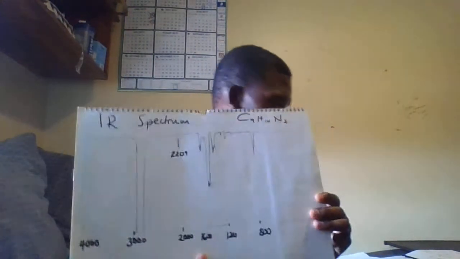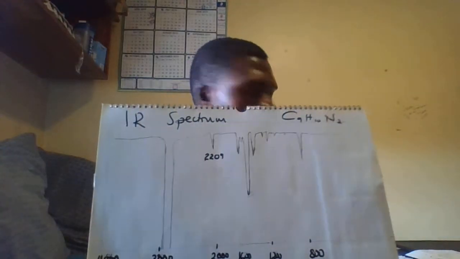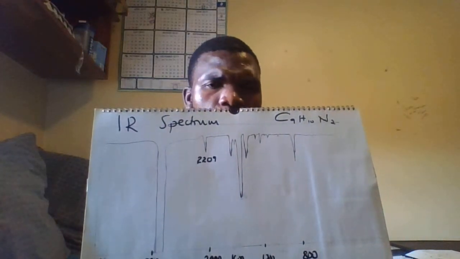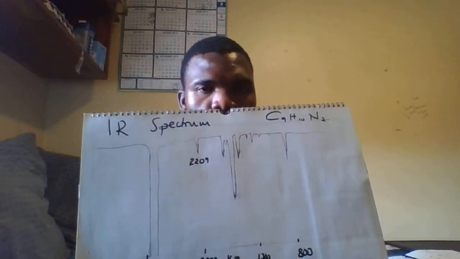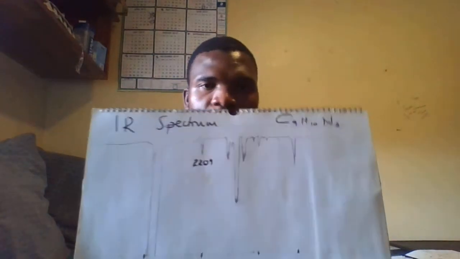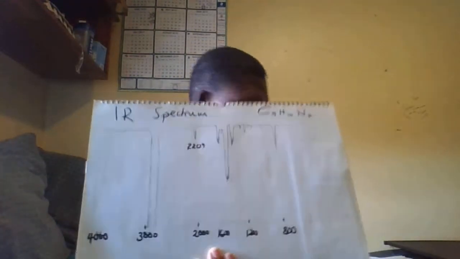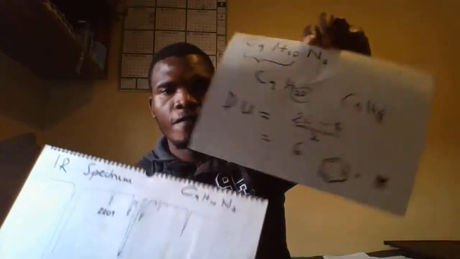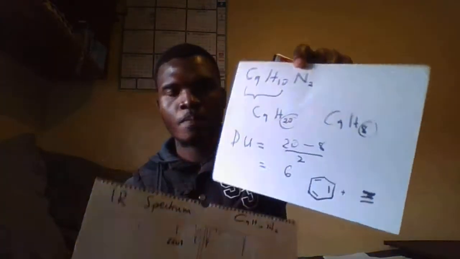So we found out from the mass spectrometer information, C9H10N2, that we have 6 degrees of unsaturation, and I have suspected a benzene ring and a triple bond.